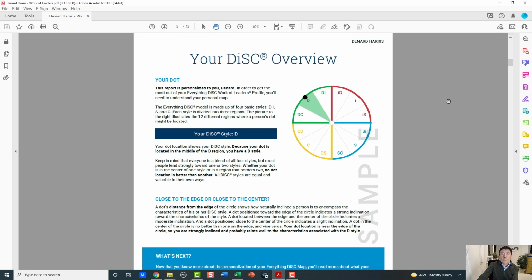In this sample report, the participant is what's called a high D. A high D is characterized by the black dot being in the D pie slice. The dot is out towards the edge of the circle, which means that they strongly manifest the characteristics that are often associated with the D style. And so we call that in the DISC practitioner world a high D.